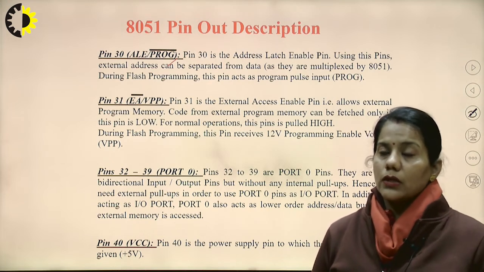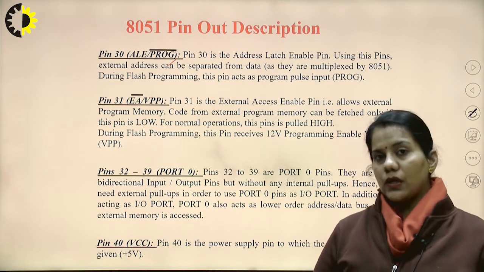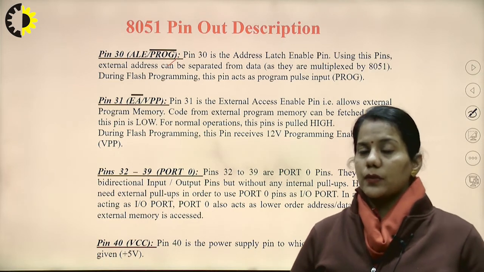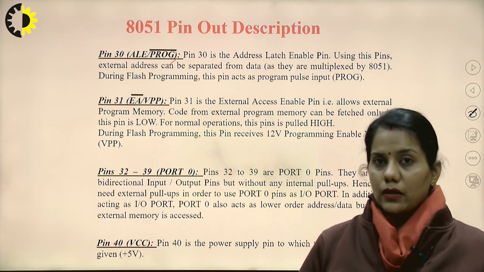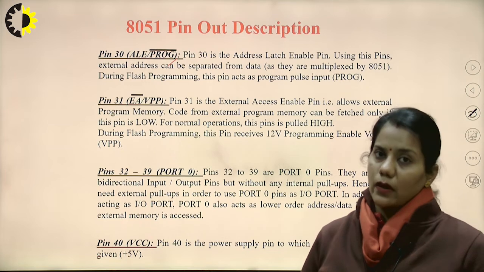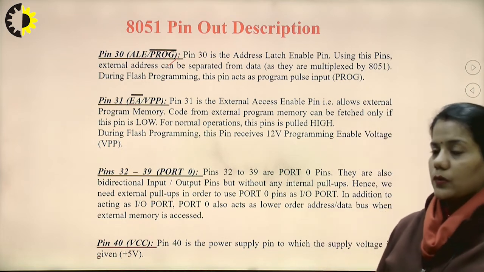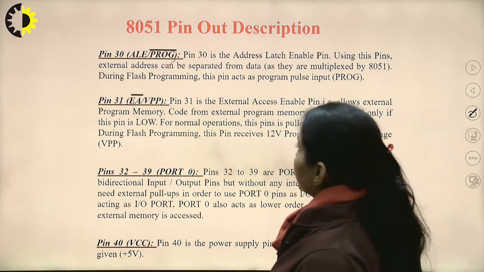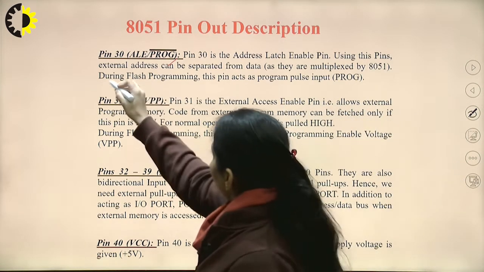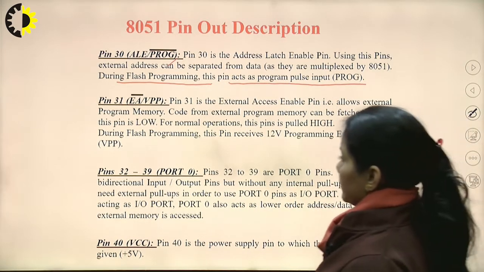When the ALE signal goes from low to high, the address is demultiplexed from the data bus. That is, the multiplexed address and data bus is used as the address bus in the initial cycle, and in the later cycles, this particular bus is used as the data bus. During flash programming, this pin acts as the program pulse input, that is the PROG.